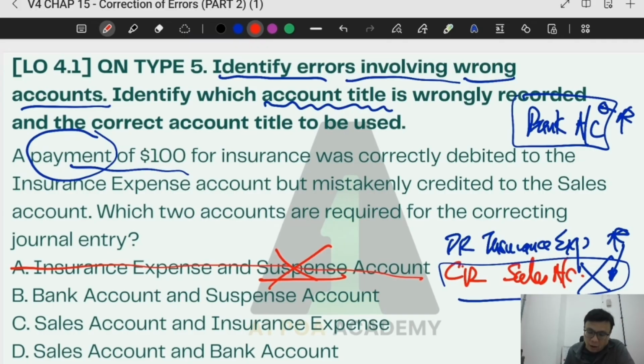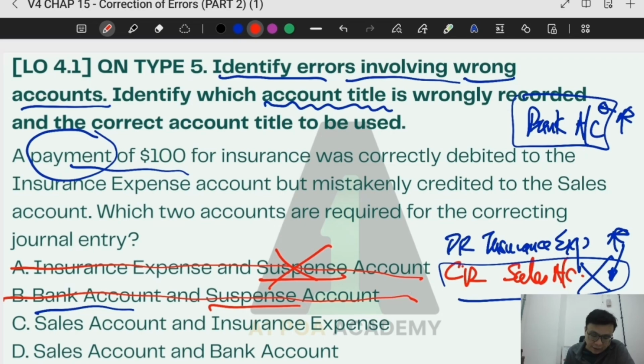B, bank account, yes, we have bank account here. And suspense account, no, suspense account is wrong, because as I said, at any point of time it is not part of this question at all. This question didn't mention a suspense account in the first place. And therefore, B is the wrong option.